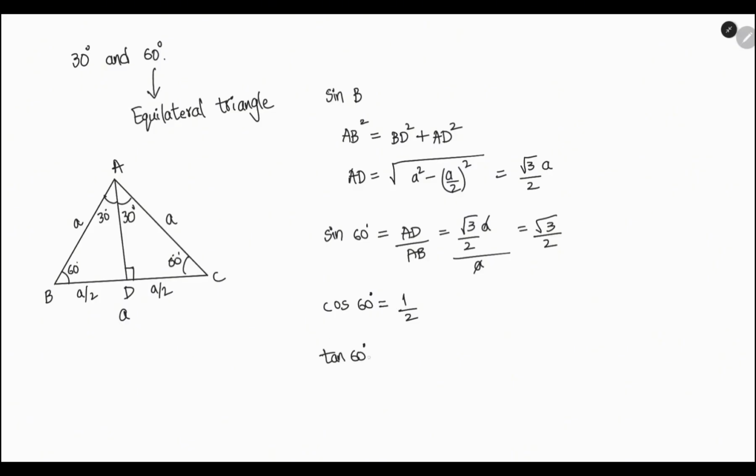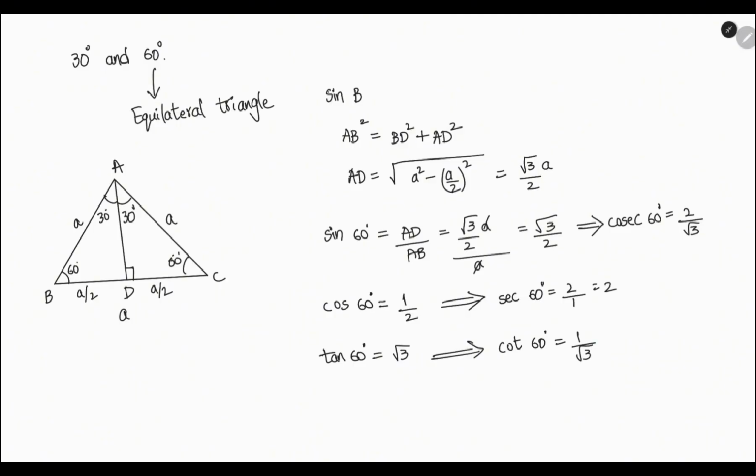That is 1 by 2. And tan 60 is opposite side by adjacent side, which is root 3 by 2A by A by 2. So that becomes root 3. From sine, we can get cosecant 60 as inverse of sine, that is 2 by root 3. And from cos, we will get secant 60 as 2. From tan 60, we will get cot 60 as 1 by root 3.